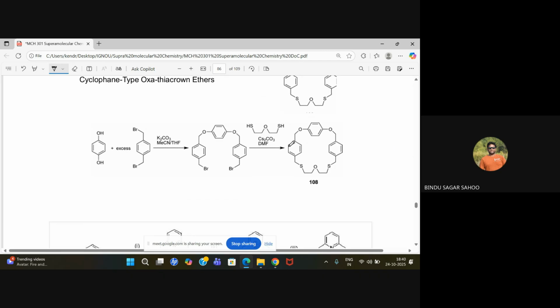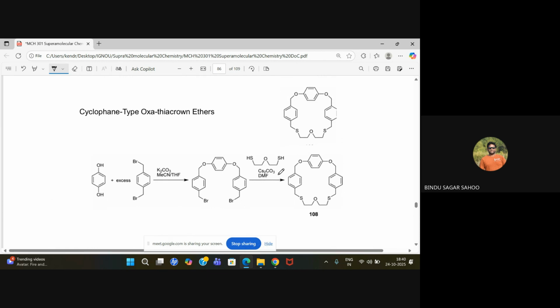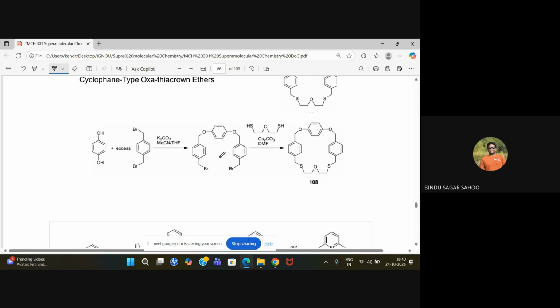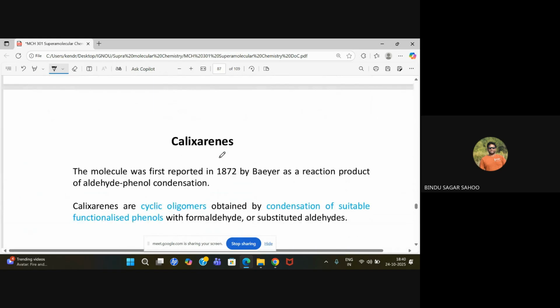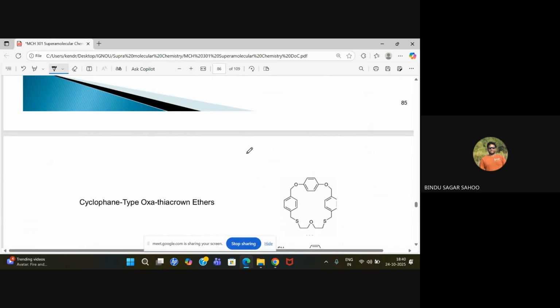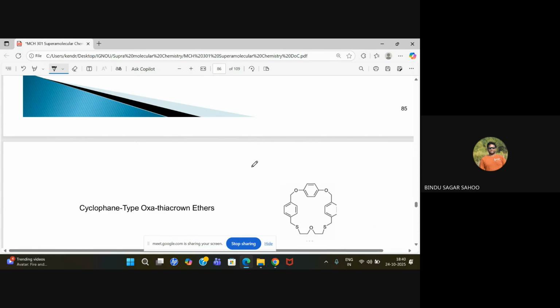The other substrate can interact with this bromine atom; bromine atoms are good leaving groups. You can eliminate them, and they can form a cyclic structure like that. So these are another important supramolecular host molecule complex.